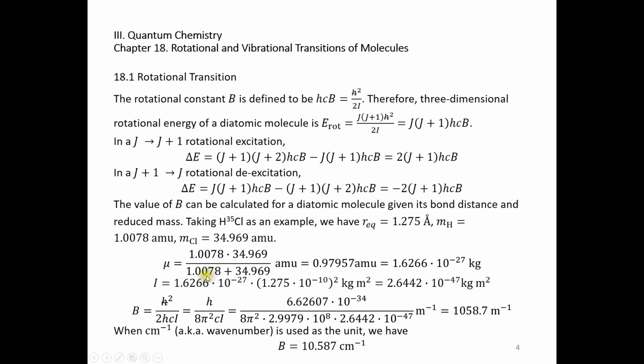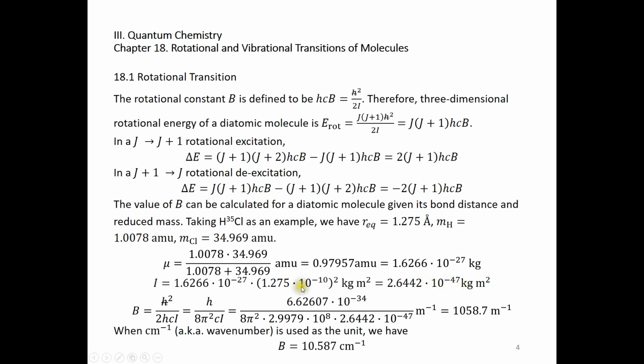Now we can compute the moment of inertia, mu r squared. We plug in the value of mu and the bond distance. We get the moment of inertia for HCl-35, which is 2.644 times 10 to the power negative 47 kilogram meter squared.